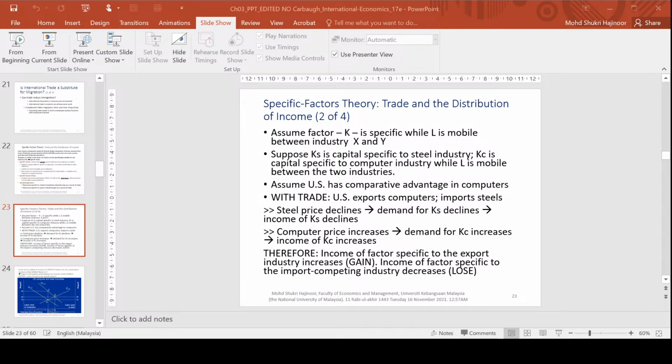So the shift of S0 to S2, assuming that the demand curve is constant at D0. So the equilibrium wage ratio rises. So, a widening wage gap.